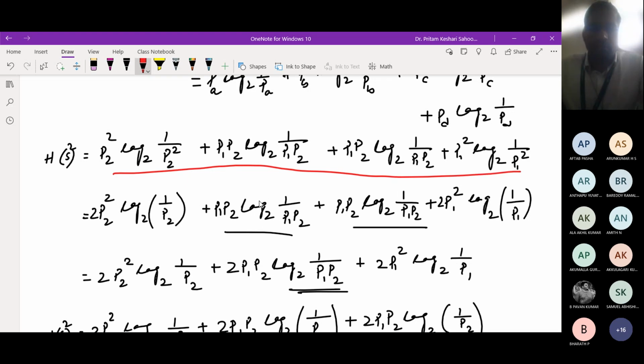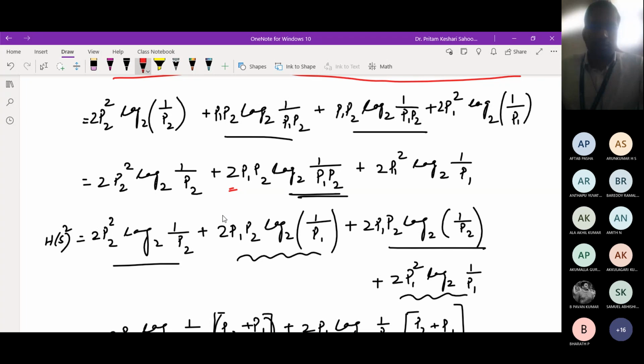And this one we have written as 1 divided by P2 square, that is 1 by P2 whole square, and this square will come to this side. The same thing has happened. The second and third terms are equal, so the summation will be 2 into this term. So we have done twice of this term.